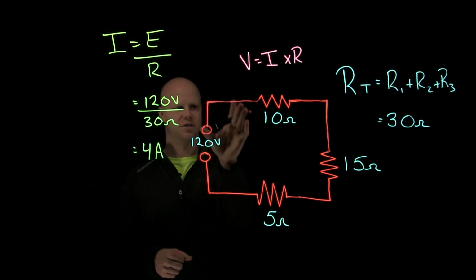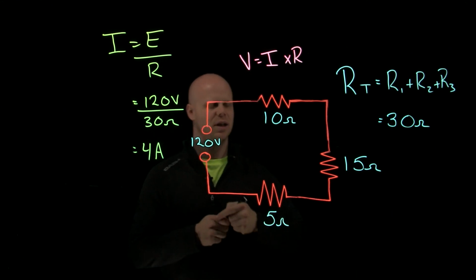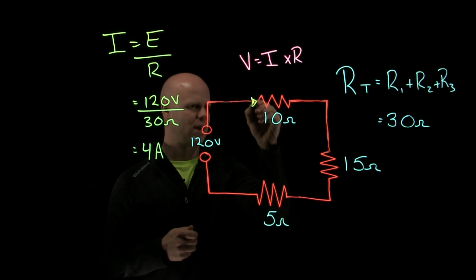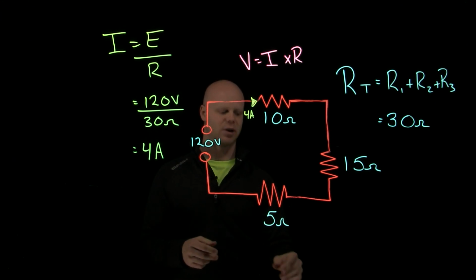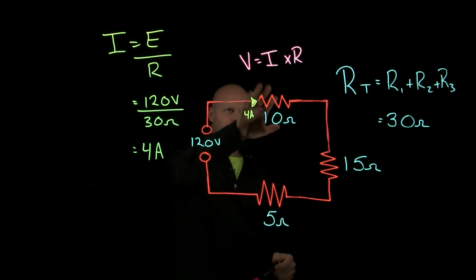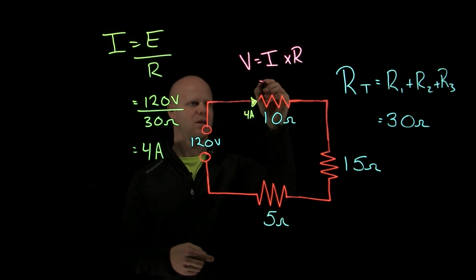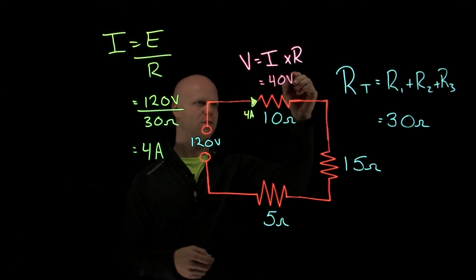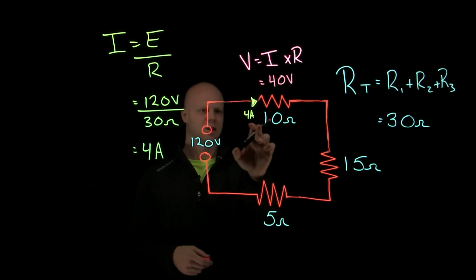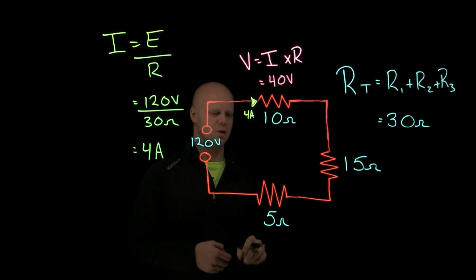So we know with the series circuit that the current is 4 amps leaving the source, so I have to have 4 amps of current at that point. So now I can look at the magnitude of the voltage drop based on this one resistor. There will be 40 volts across. Based on 4 amps times 10 ohms, I would have 40 volts across this one component.